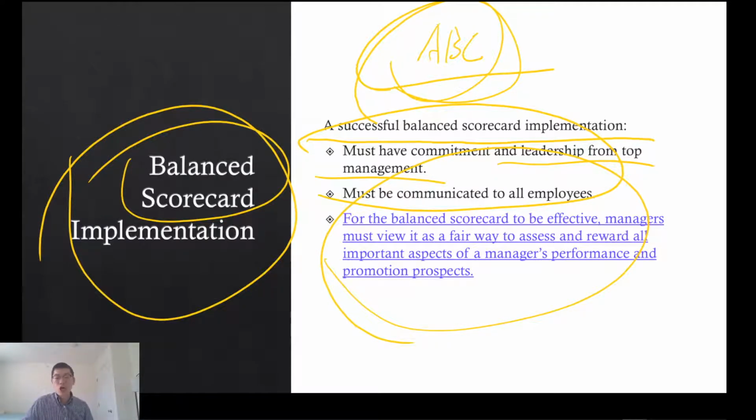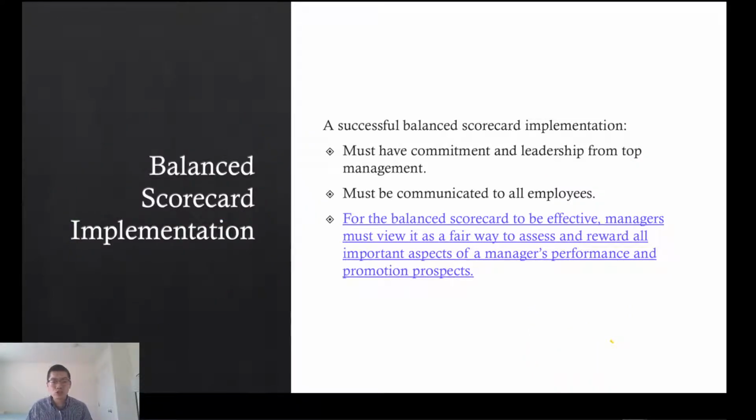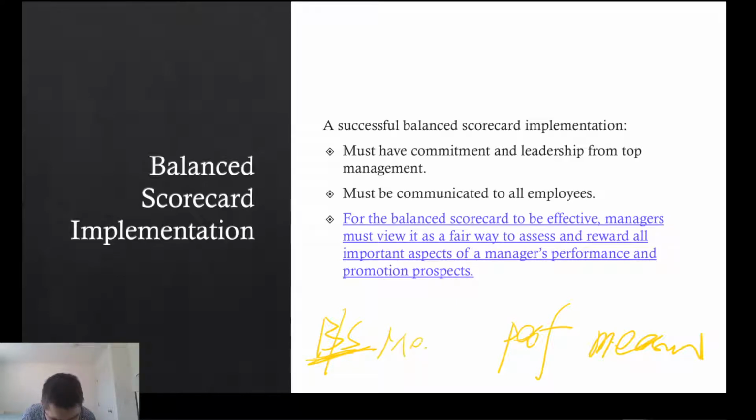So that means you have to align your balanced scorecard measures with your managers' performance measures. Balanced scorecard measures have to align with your managers' performance measures, because you want your managers to work towards the company's goals, right?